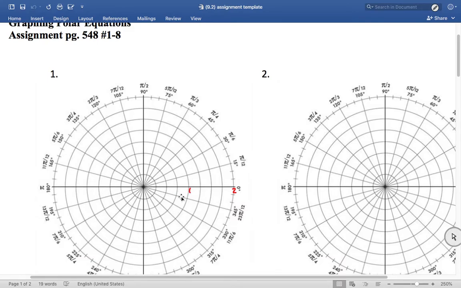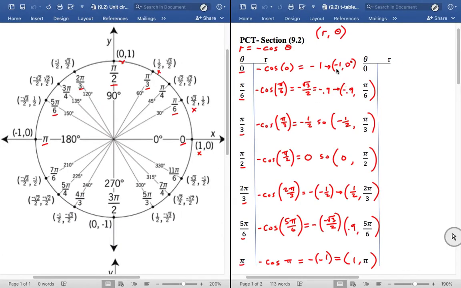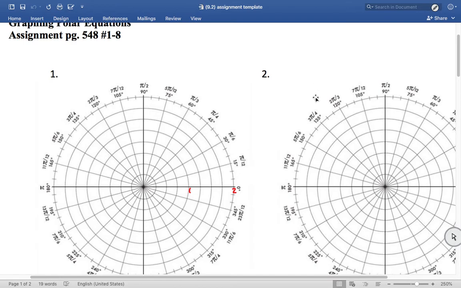Okay. So what are we graphing first? We're graphing -1 on the 0 degree line. Somebody talk to me about that. Anna. It would be on the 0 degree line, just to the left of the center.